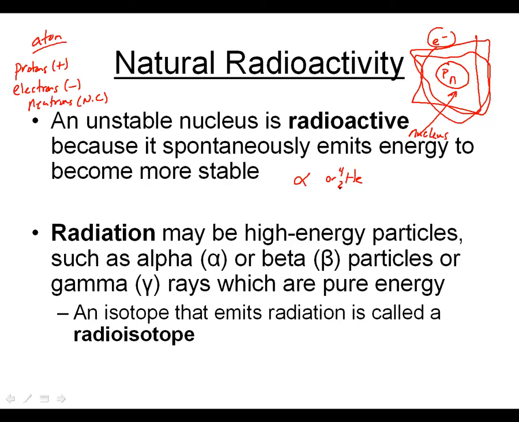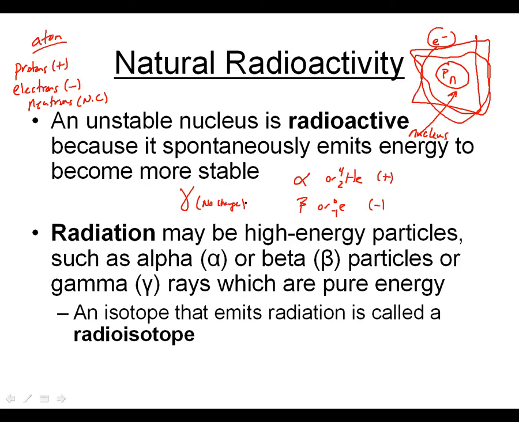We have beta particles, which are negatively charged particles, and they are sometimes represented by e, or an electron, basically, and they have a negative charge. While we also have gamma rays, and gamma rays are neutral, no charge. They're really just pure energy. They're super high in terms of energy.